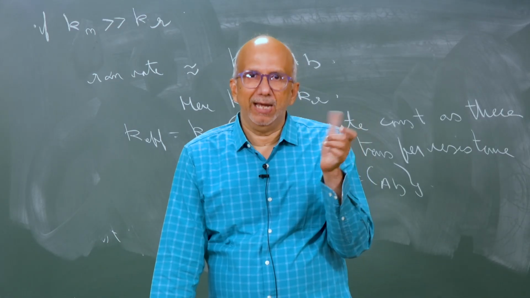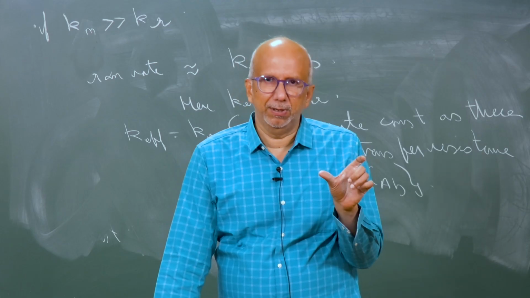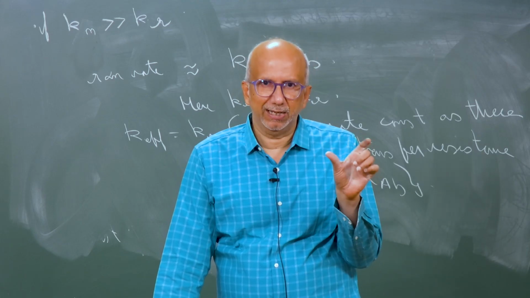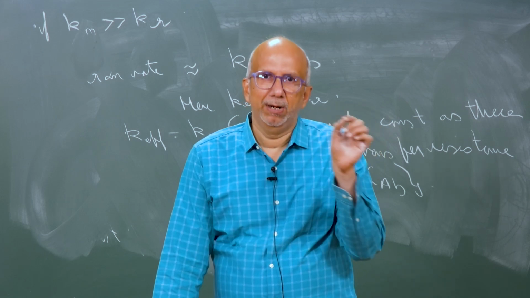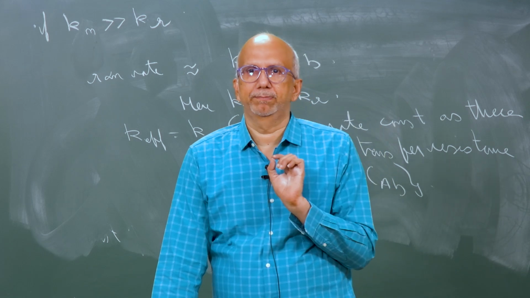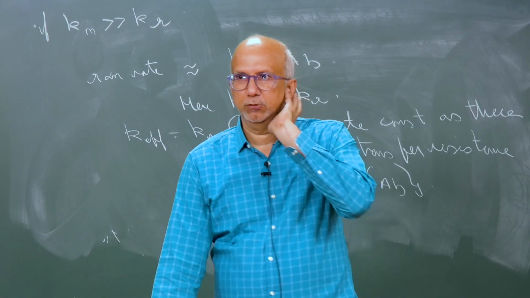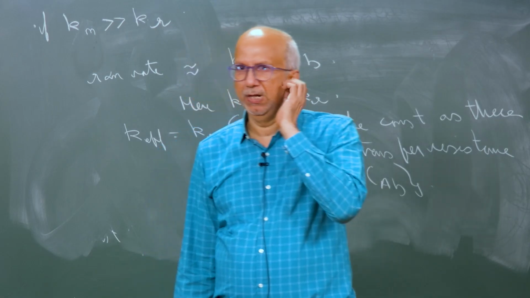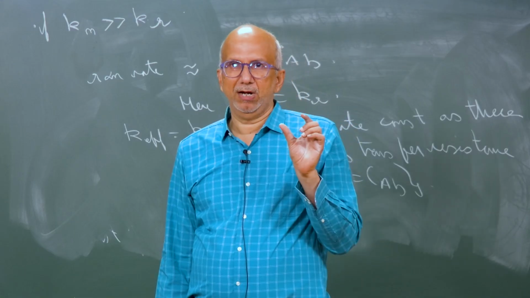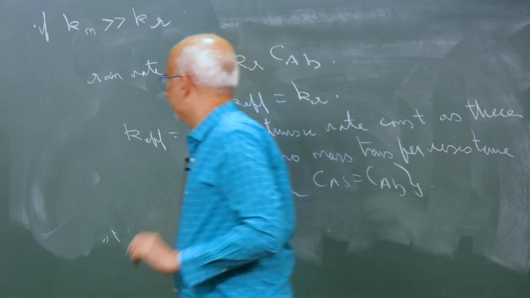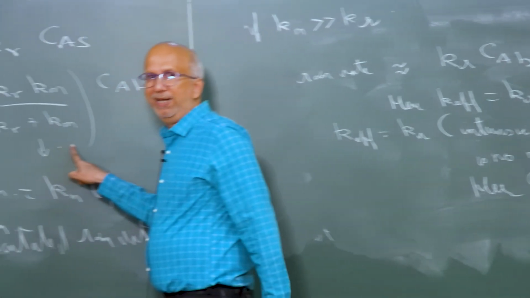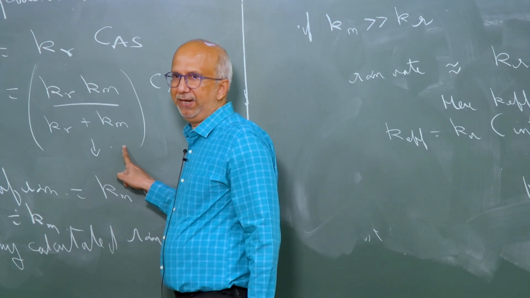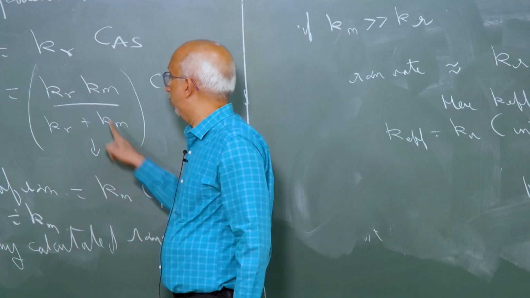If Kr and Km are comparable, you will measure Kr multiplied by Km divided by Kr plus Km. Okay. So, that is basically what you are going to measure. So, this is what I mean by apparent kinetics. K effective is an apparent rate constant, not the actual rate constant. Actual rate constant is Kr.